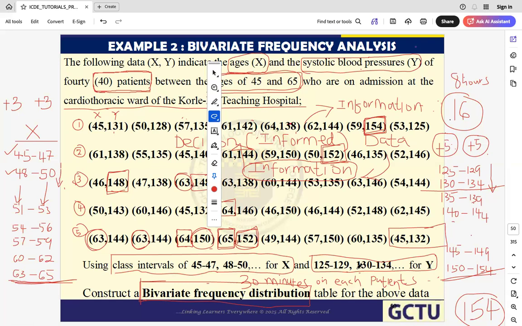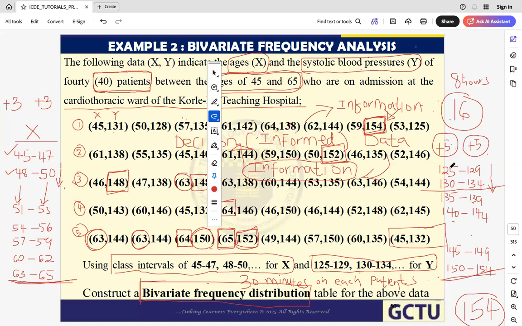Then we came to the Y. The Y, we were asked to start from 125 to 129 and then follow it up with 130 to 134. And I also arrange it like this: 125 to 129, 130 to 134. Then we went through the table and we saw that 154 was the highest.